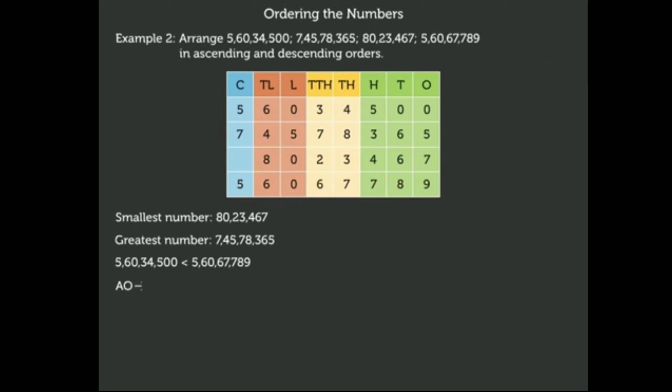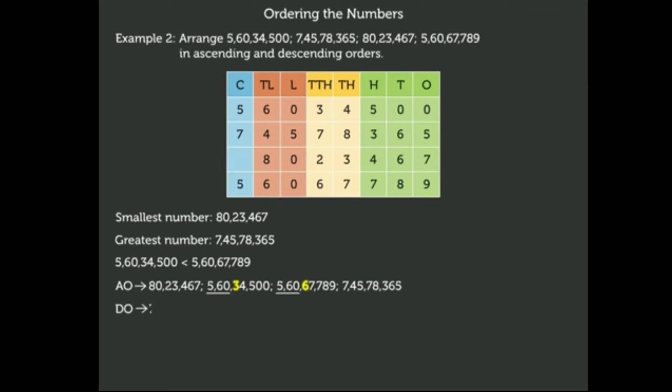Thus, the ascending order is 80 lakh 23,467, 5 crore 60 lakh 34,500, 5 crore 60 lakh 67,789 and 7 crore 45 lakh 78,365.